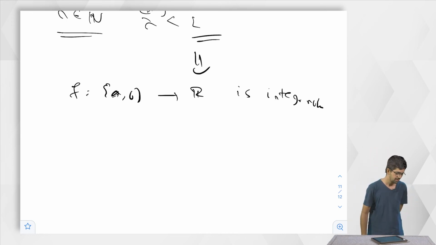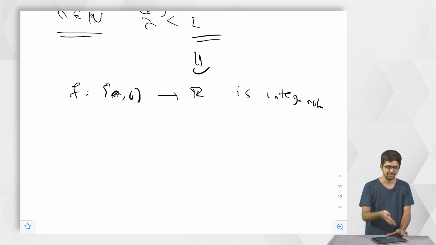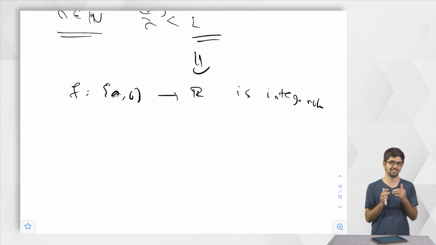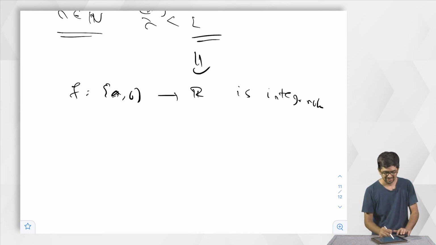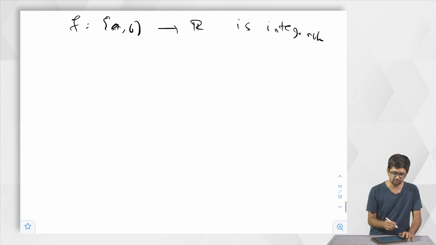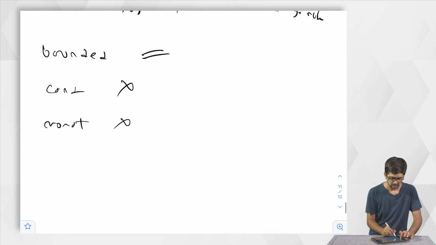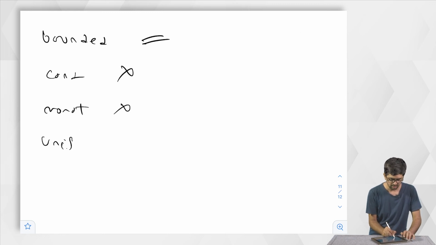In this session or the previous session I did not mention anywhere that the function is continuous or monotone. Bounded I mentioned, that is the starting point. What about a continuous function? I did not mention anything. Monotone functions I did not mention anything, and uniformly continuous functions I did not mention anything.